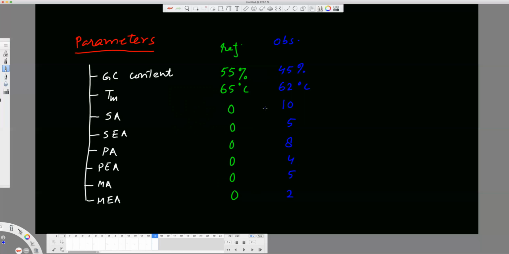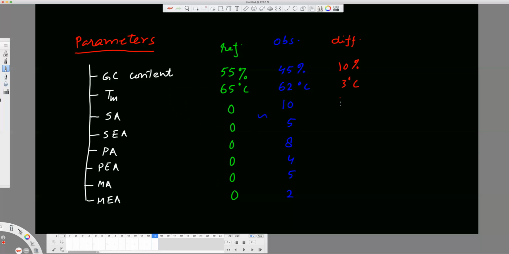The first thing is, now you have two vectors, right? Now you need to get the difference vector of this. So the difference would be the following. This is going to be 10% here. This is going to be 3 degrees centigrade.